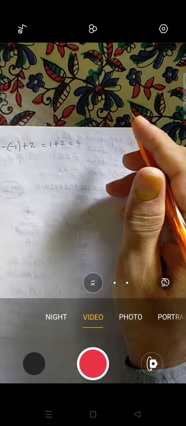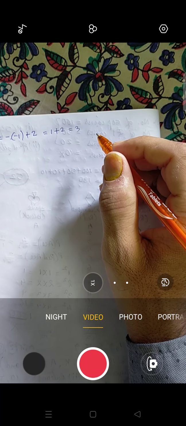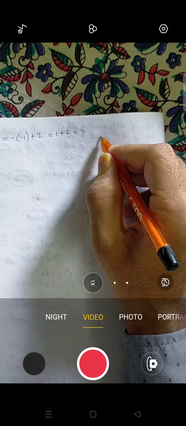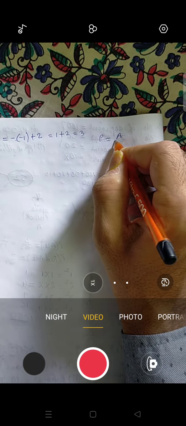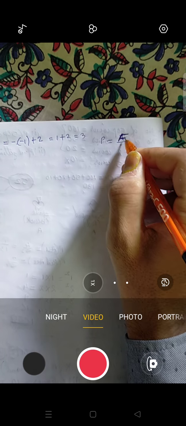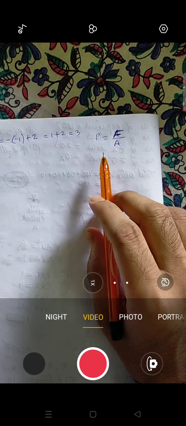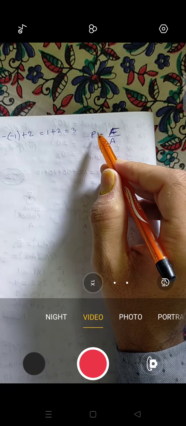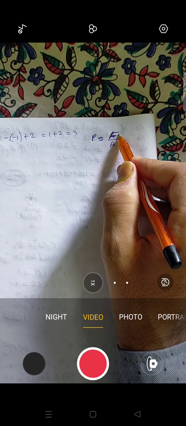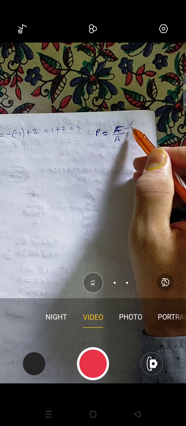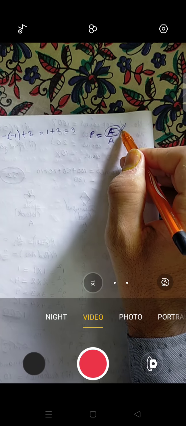So remember that in class 8 you have studied pressure also. Pressure is equal to force by area. Have you studied this or not? So pressure equals force by area. If P equals something, the one on the top, in the numerator, we will term as directly proportional.